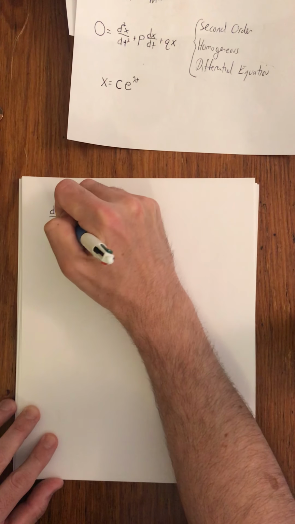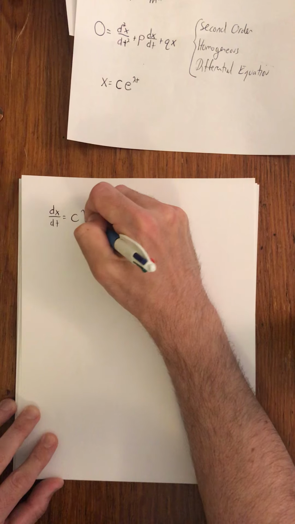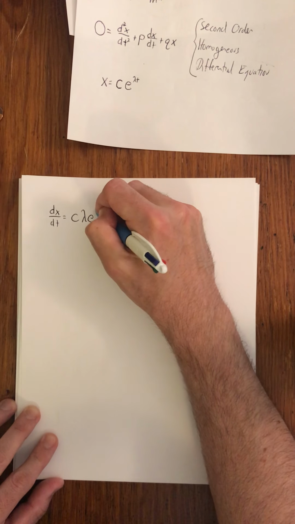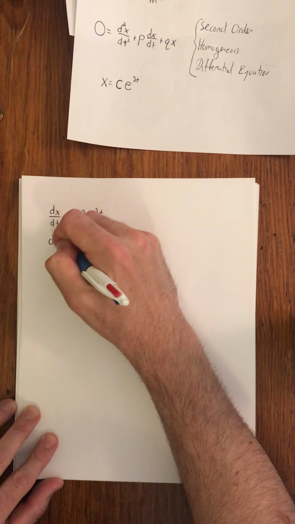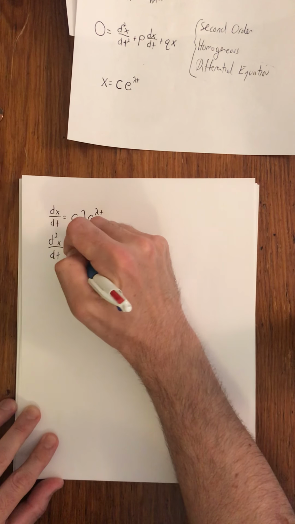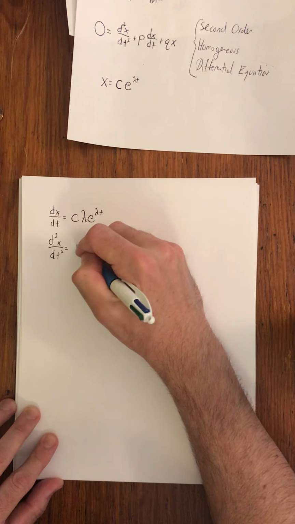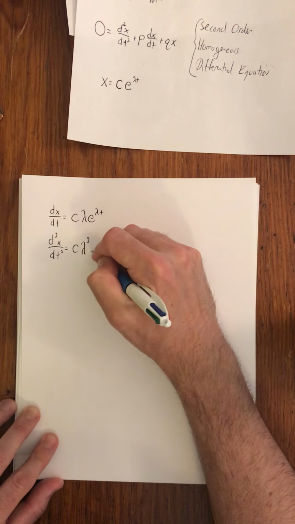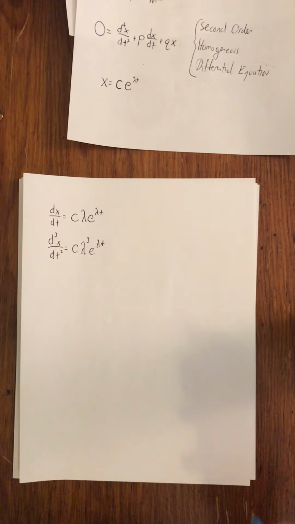dx/dt is equal then to c lambda e to the lambda t. And then the second derivative of that has got to be equal to c lambda squared e to the lambda t. Okay?